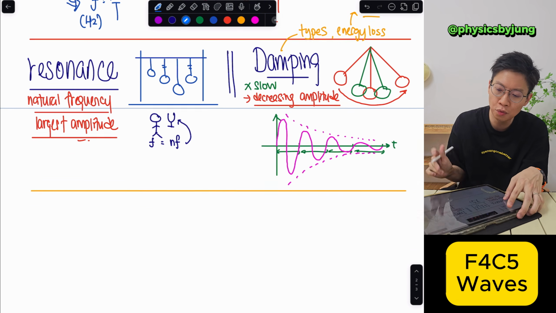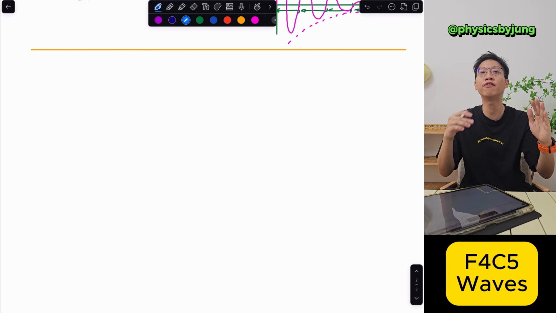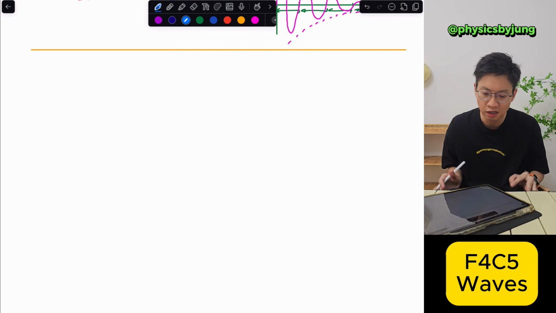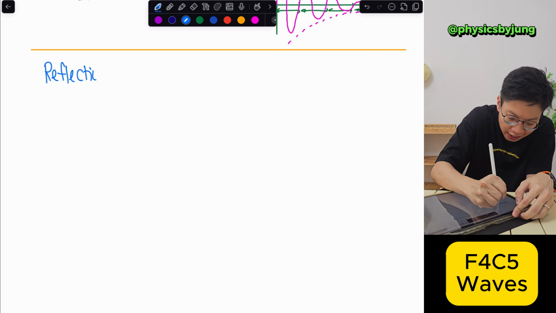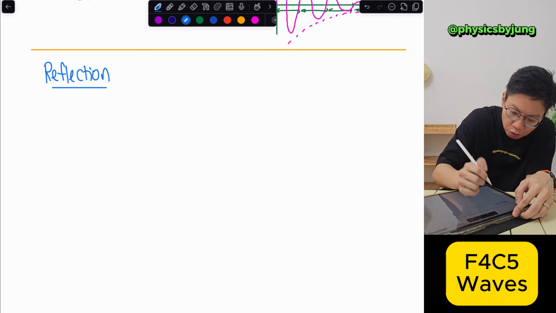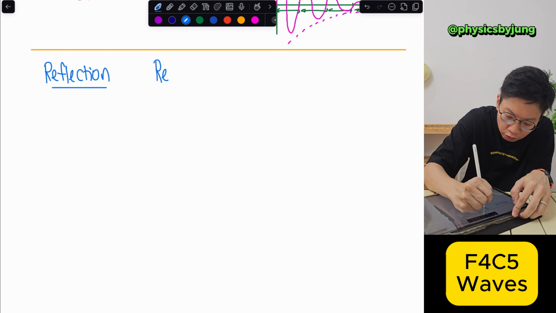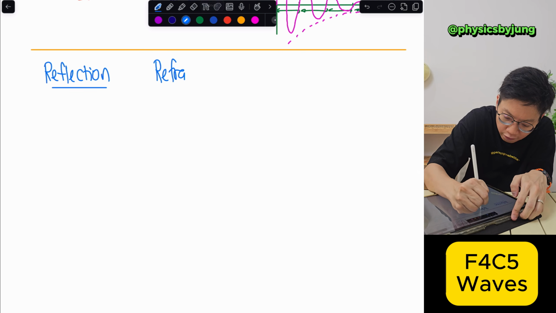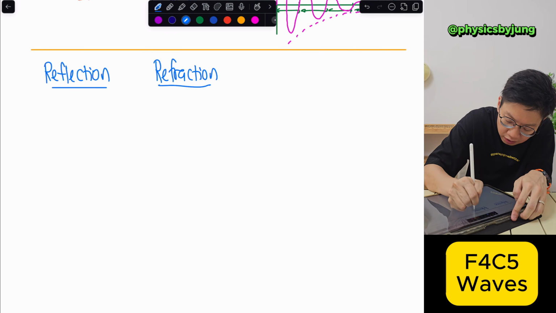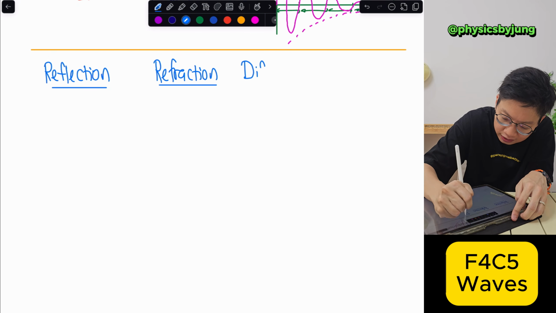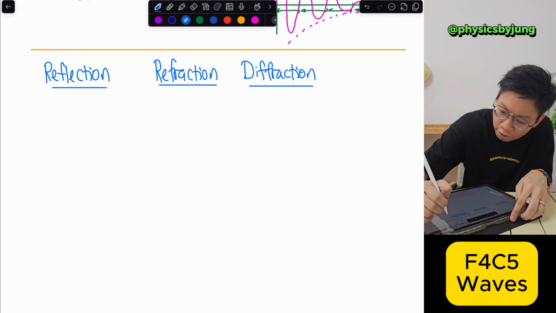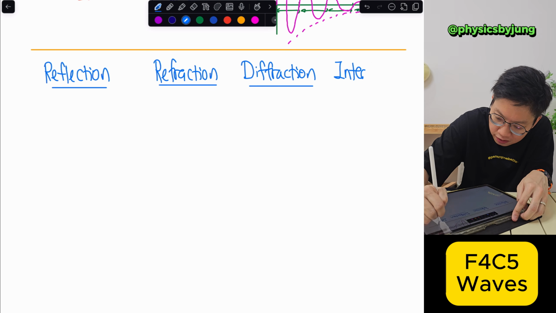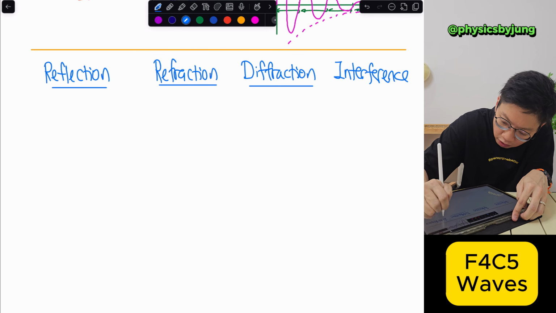Now, we are going to go into the 4 phenomena, whereby the phenomena are reflection of waves, refraction of waves, diffraction of waves, and obviously we also have interference of waves.